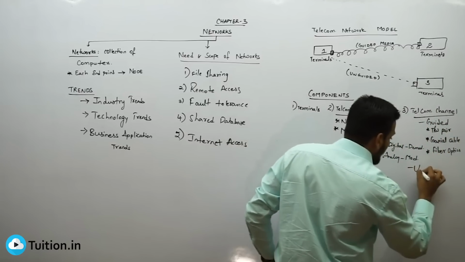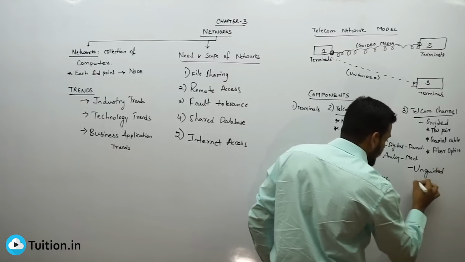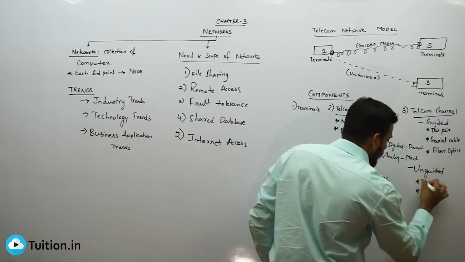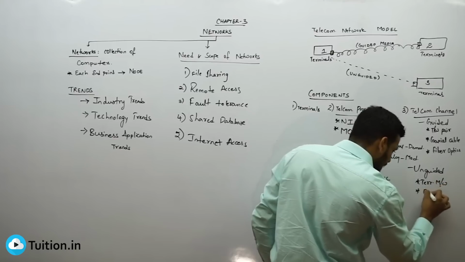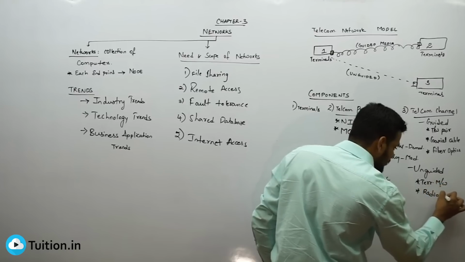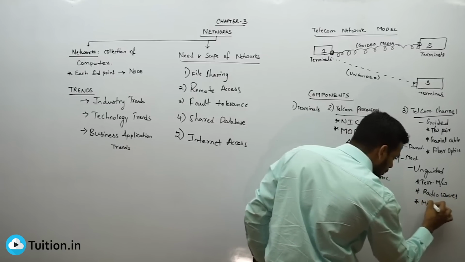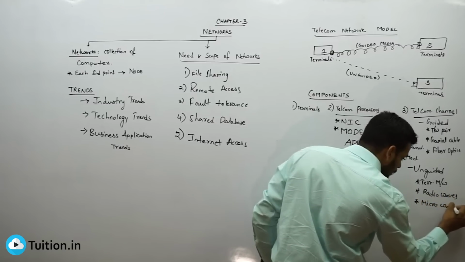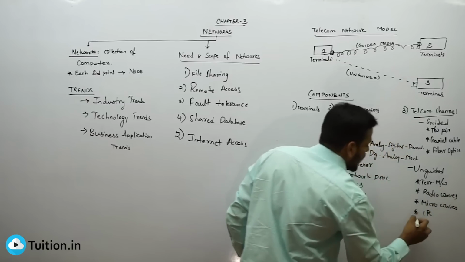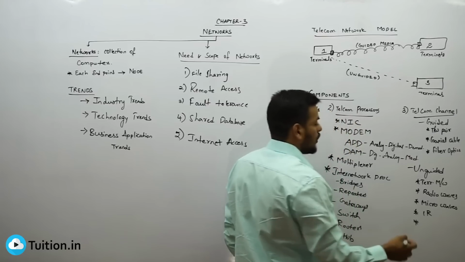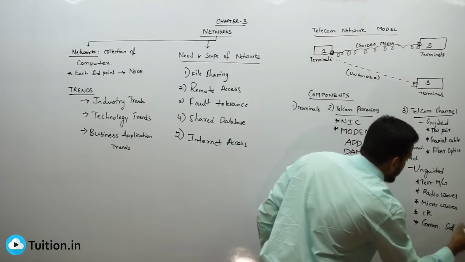And then we have unguided. Under unguided we have 5: terrestrial microwave, then radio waves, which cover the largest range, then we have the smaller ones called microwaves, then the infrared beams or IR, and lastly we also have the communication satellite.